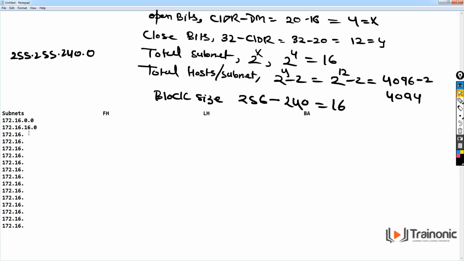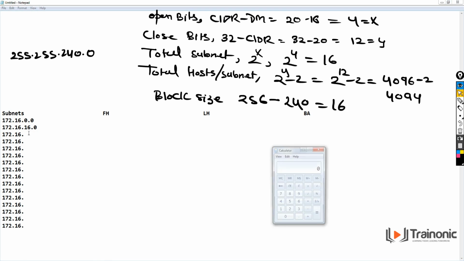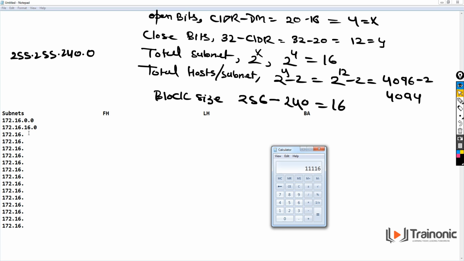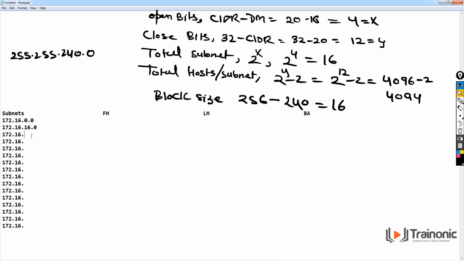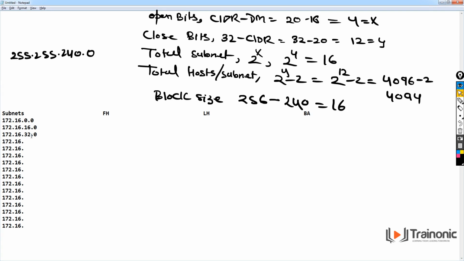First 16, then another 16 plus 16, next will be 32.0, next 48.0.